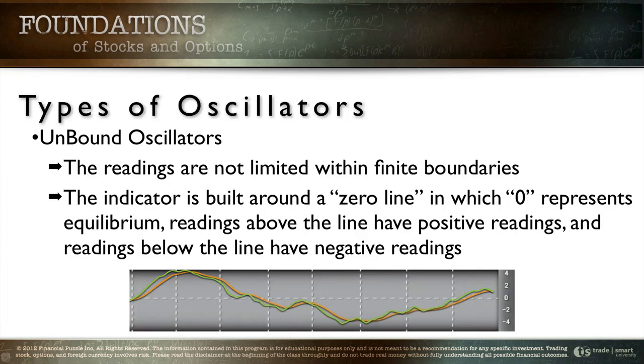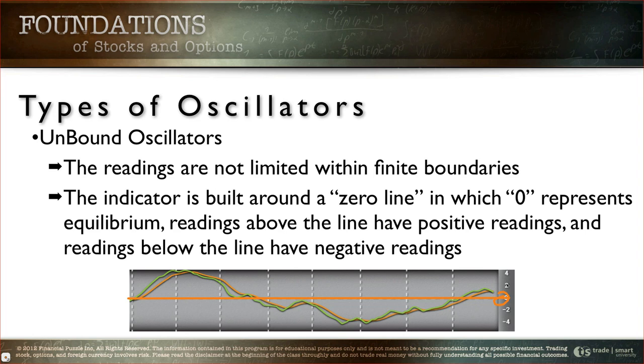Now, the unbound oscillators are oscillators that have readings that are not limited within a finite boundary. The indicator is built around what we call a zero line, in which 0 represents the equilibrium or the balance. The readings above the line have a positive reading, and the readings below the line have a negative reading. So if the line's above 0, then it's technically bullish. If the lines are below 0, it's technically bearish. 0 is the zero line.